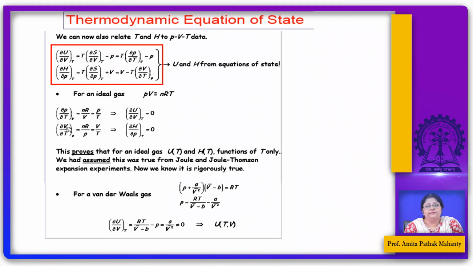Find out what the volume is. V equals nRT by P. You differentiate with respect to temperature. What will happen?